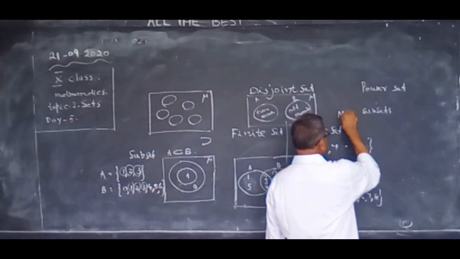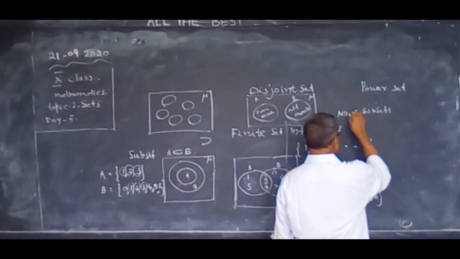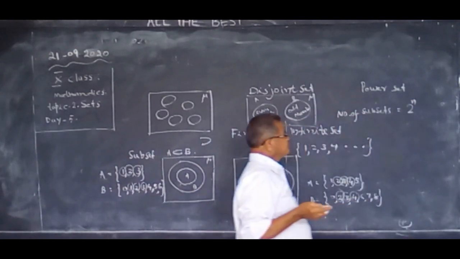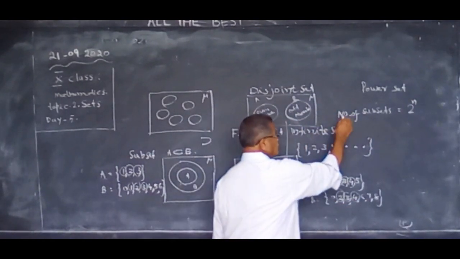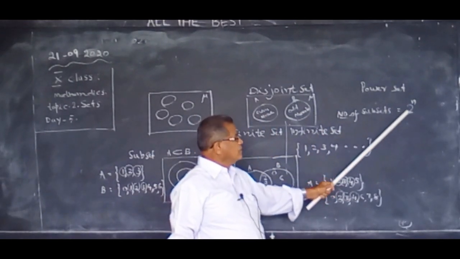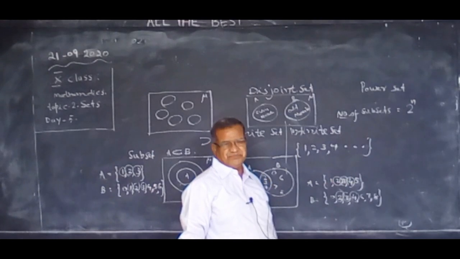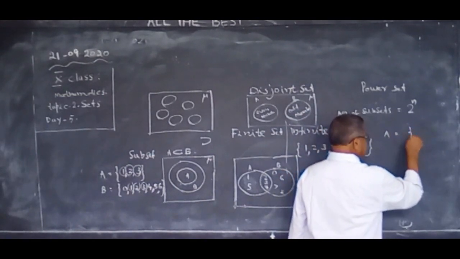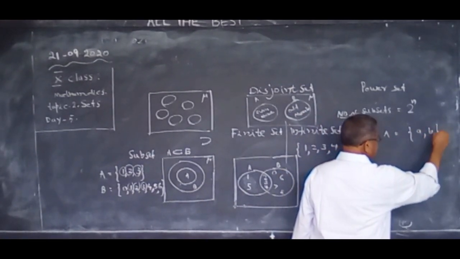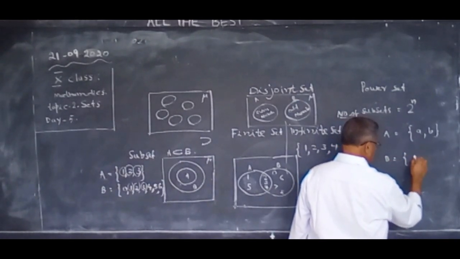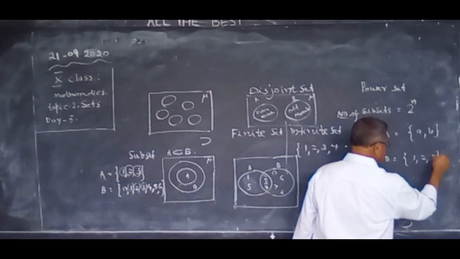Number of subsets is equal to 2 power n. What is n? The number of elements in the set. Example: set A contains 2 elements, A comma B. Set B contains 3 elements, 1, 2, 3, like this.